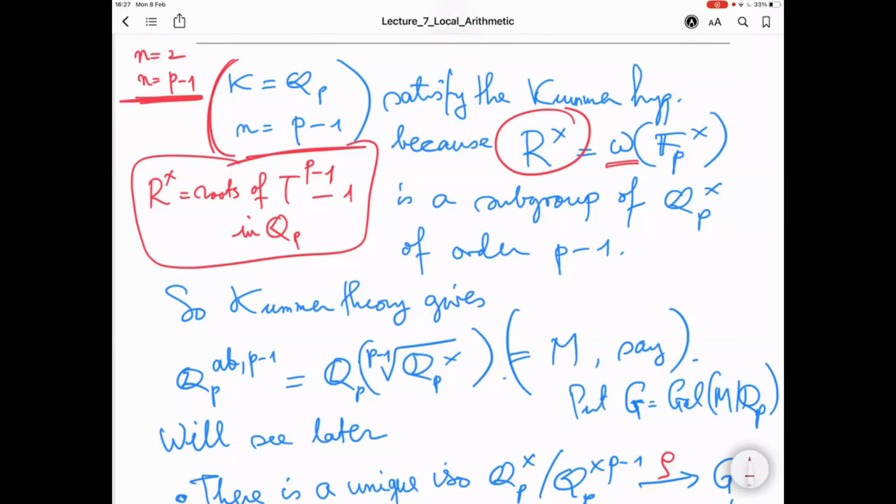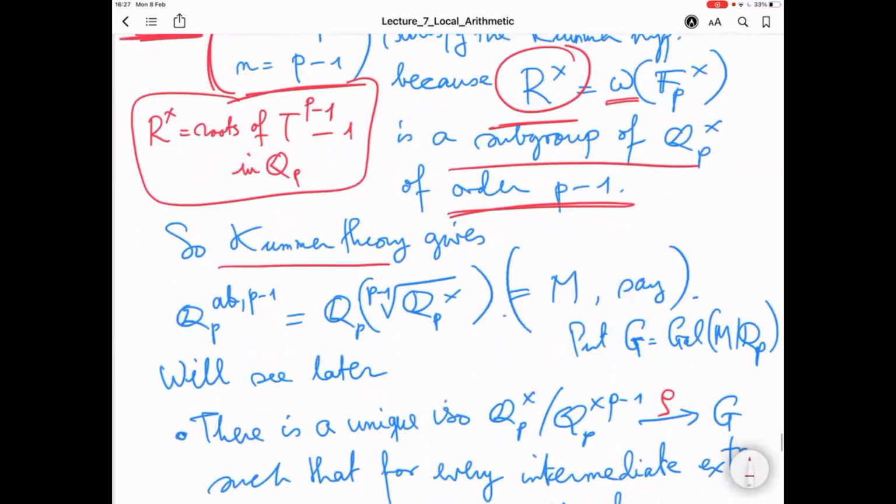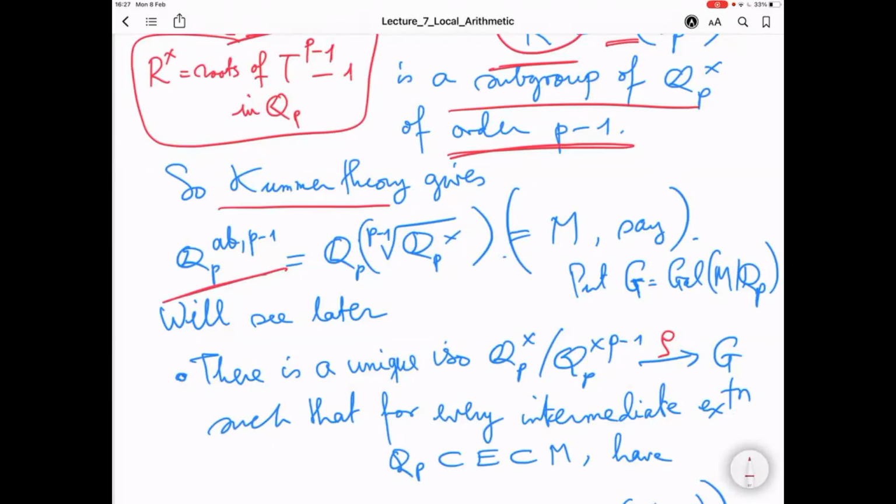So we had shown that this R star is a subgroup of Q_p star of order p minus 1, and therefore the Kummer hypothesis holds, and Kummer theory, in which case, will tell you that the maximal abelian extension of Q_p of exponent dividing p minus 1 is obtained from Q_p by adjoining the square roots, not square roots, p minus 1th roots of everything in Q_p star.